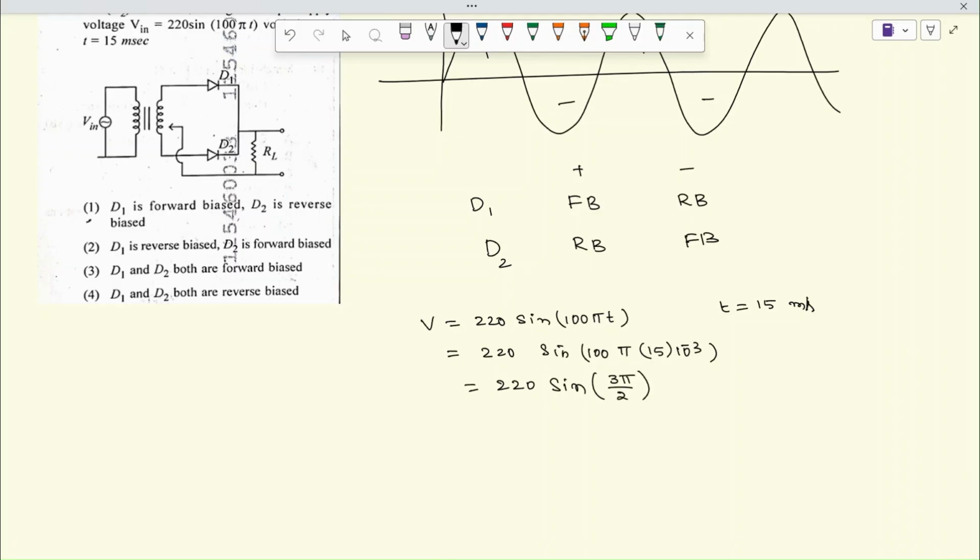So what does this mean? Sin 3π/2 is a negative value, so it is minus 220 volt. And directly you can say, 3π/2 is more than π and less than 2π, so it is the negative half cycle, isn't it? So D1 is reverse biased, D2 is forward biased. So option 2.